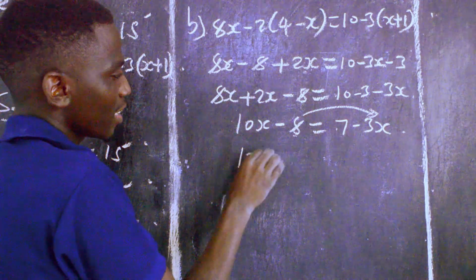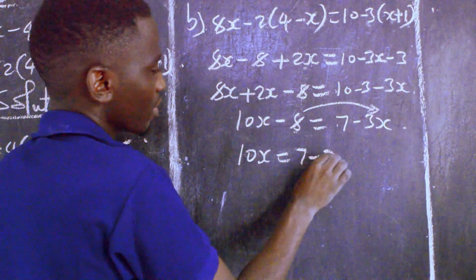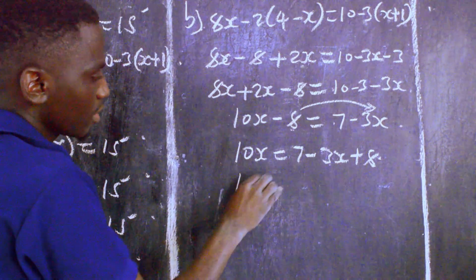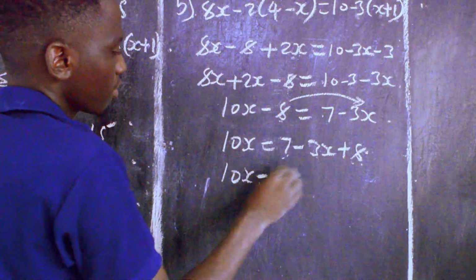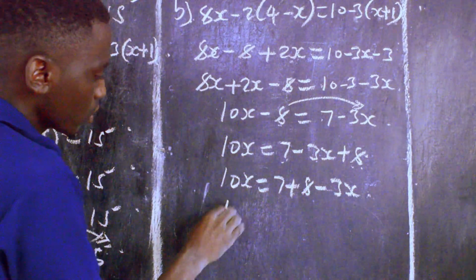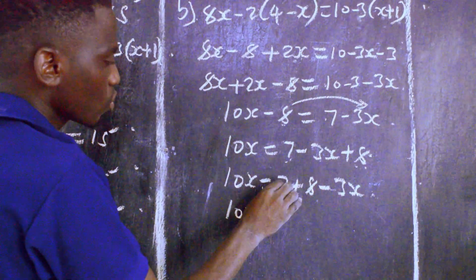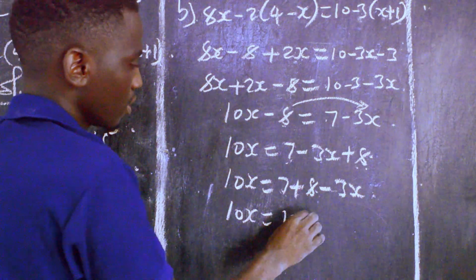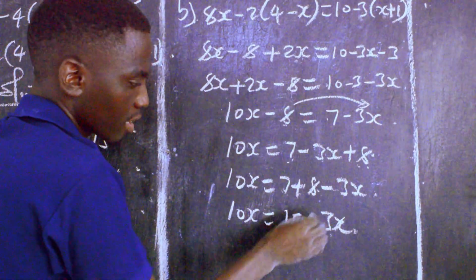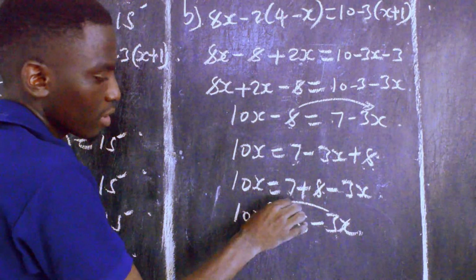So remains 10x will be equal to 7 minus 3x plus 8. So 10x will be equal to, here you rearrange, 7 plus 8 minus 3x. So 10x will be equal to 7 plus 8, here we get 15 minus 3x. 3x here is negative. So once it comes on this side it becomes a positive.